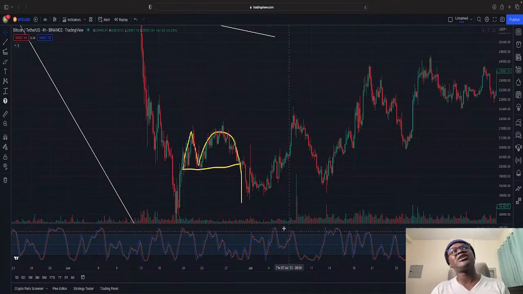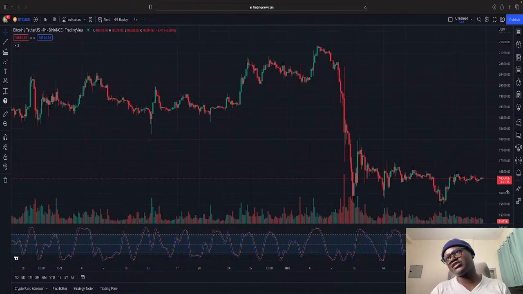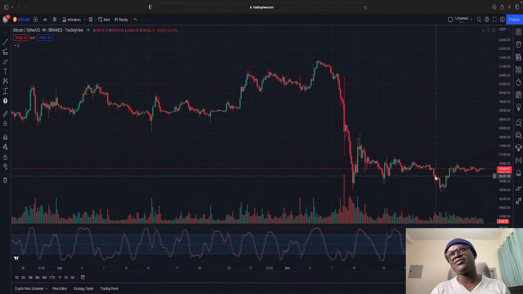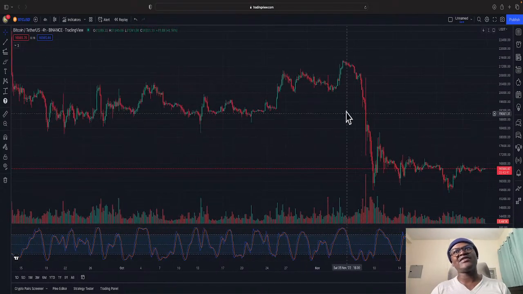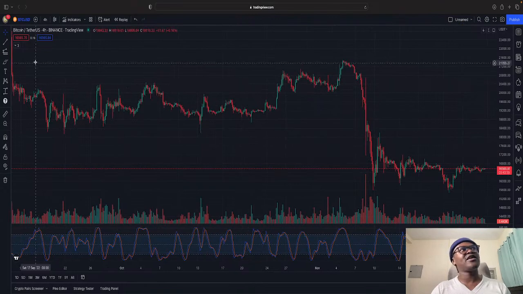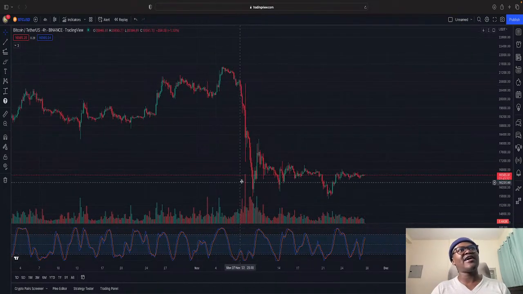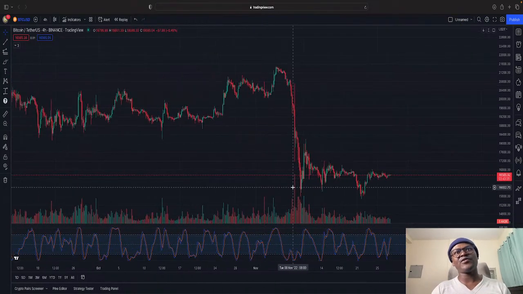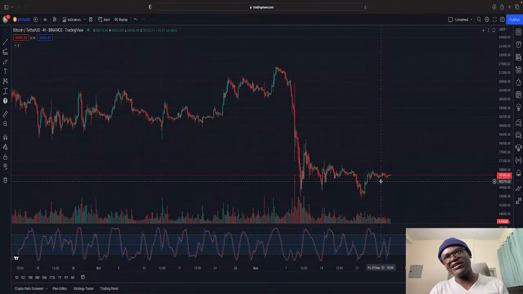So yeah, let's do some analysis as we close the session. So this is BTC on the 4 hourly time frame. We can see that BTC is actually holding down here. We had this fall from here, the fall from here and staying down here.